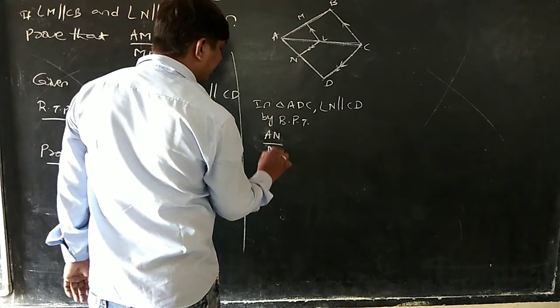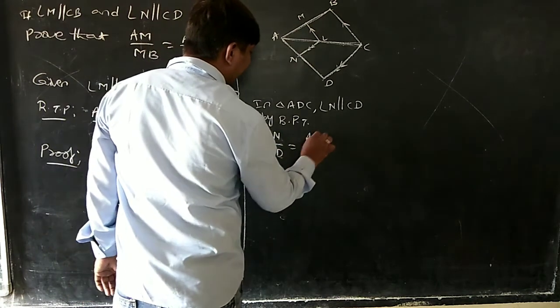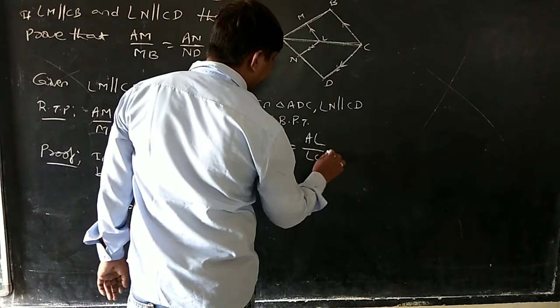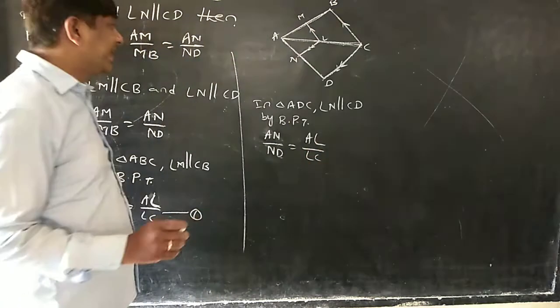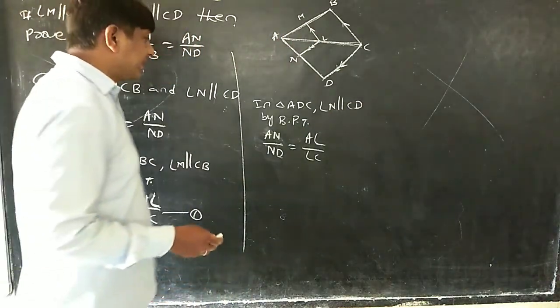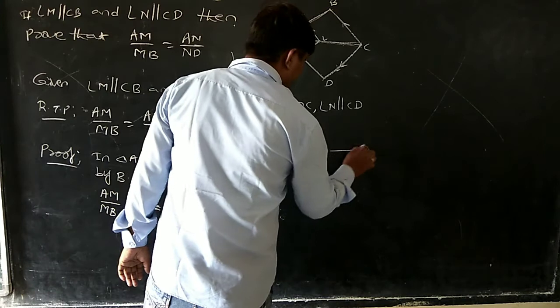AN by ND is equal to AL by LC. This is equation number 2.